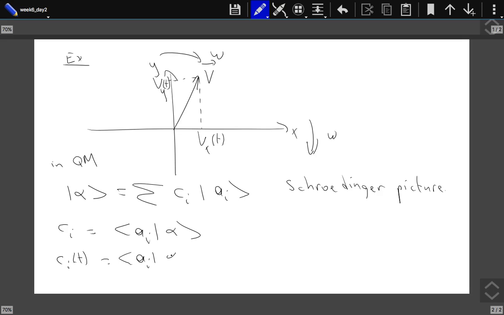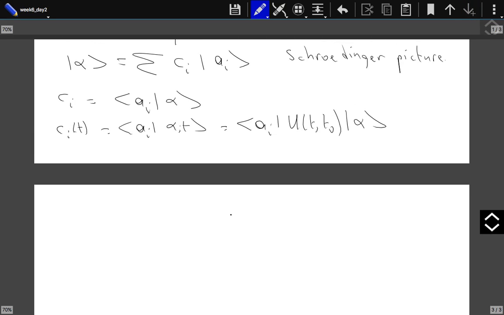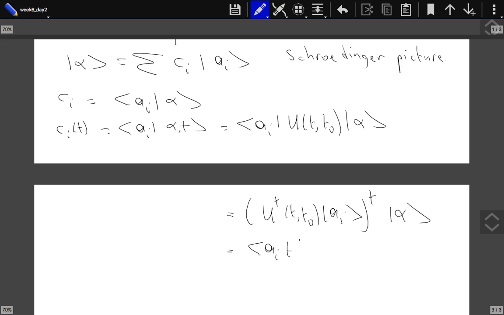It will be <AI|alpha of t>, which is <AI|U(t,t0)|alpha>, which we can also write as <alpha|U dagger (t,t0)|AI> conjugated. But this is nothing but <AI of t|alpha>.